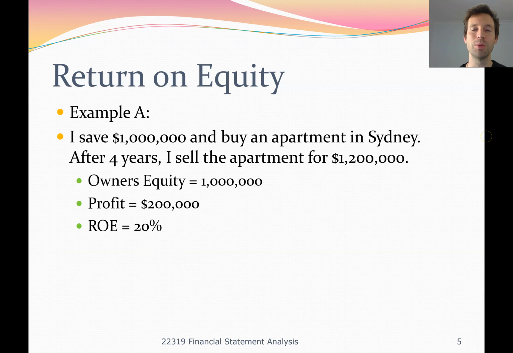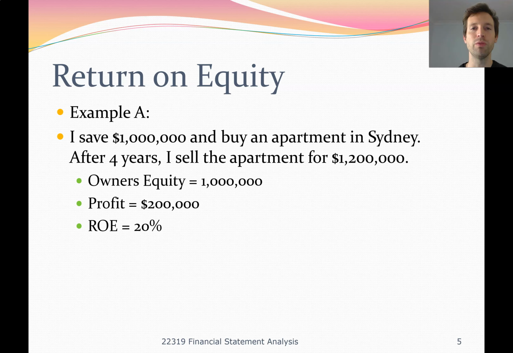Let's start with an example of return on equity. Example A here, I've saved up $1 million to buy an apartment in Sydney. After 4 years, I decide to move on and I sell that apartment for $1.2 million. That means I've generated a $200,000 profit on that sale over the 4 years. So let's put this into the formula.